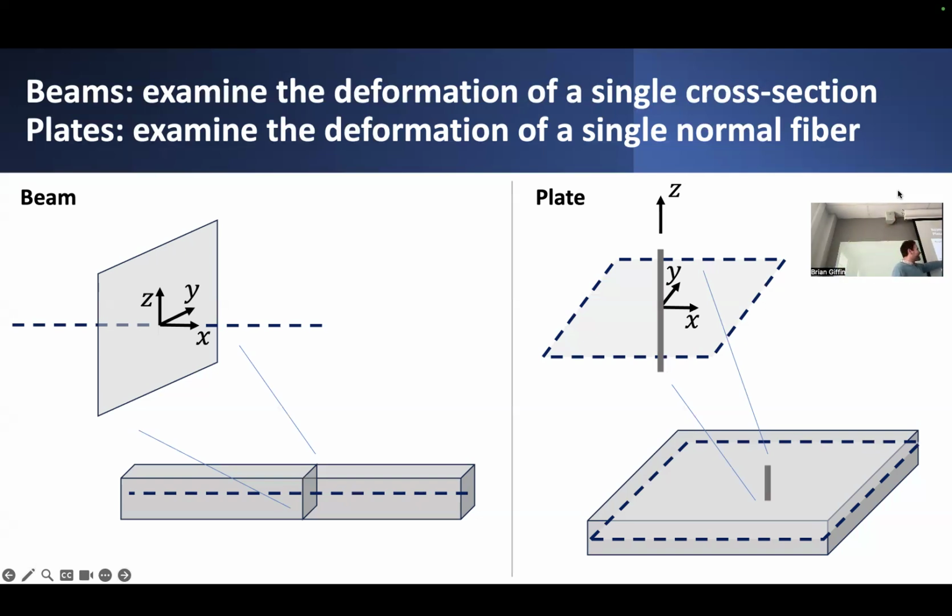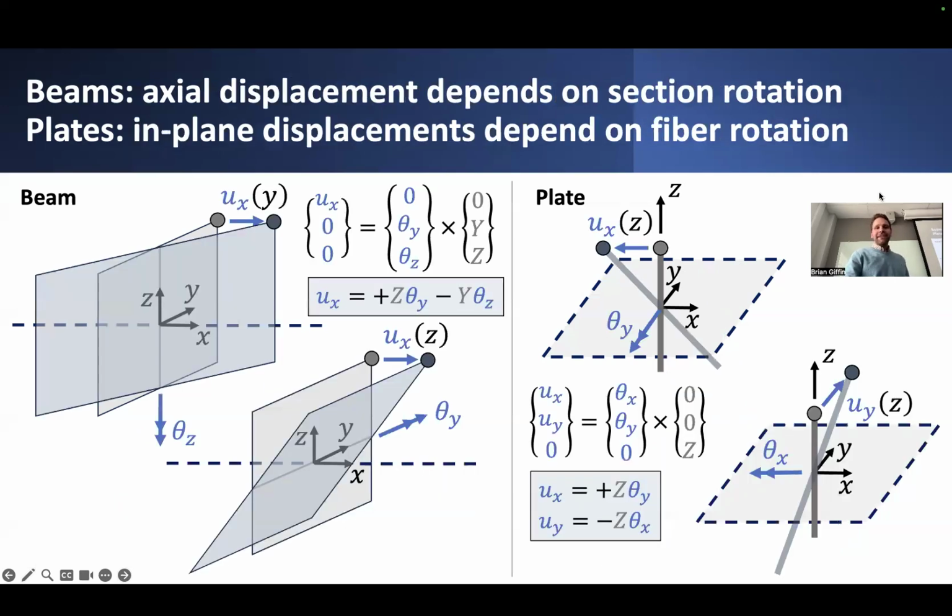All we really want to know is, if this cross-section is going to remain planar, how can we characterize the displacements of various points on this cross-section before and after deformation? And we'll do the same thing looking at what happens to this straight fiber, which will remain straight, but might rotate a little bit. So to do that, we have to look at exactly what goes on under different rotations of this cross-section and different rotations of this fiber through the depth of the beam or the depth of the plate. Starting with beams.